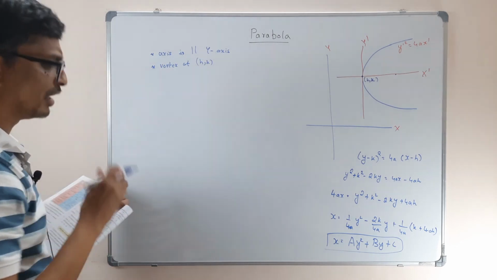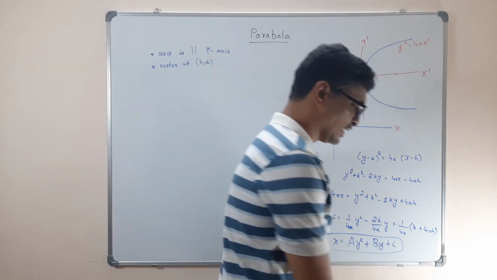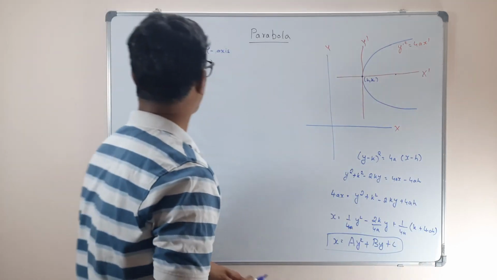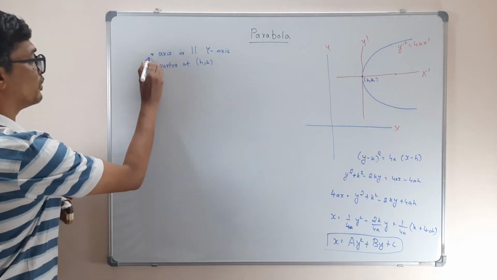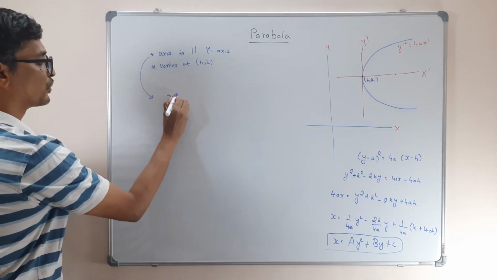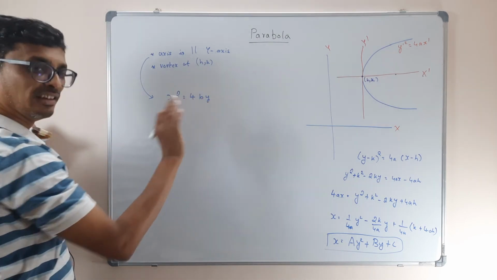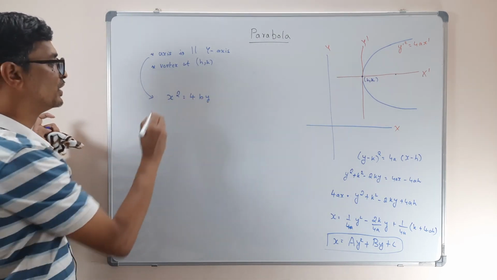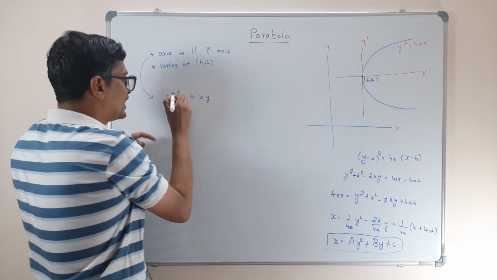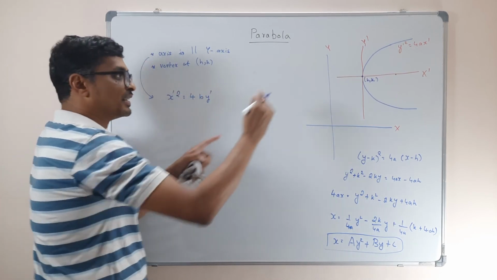Well, tell me now, when the axis is parallel to the y-axis, what is the general form of the parabola? x square equal to 4by. Am I right? So this is what we have, because it's a prime frame.